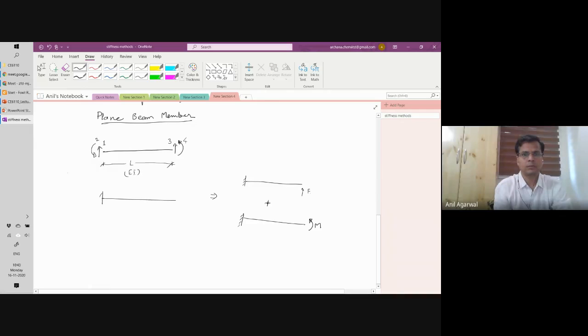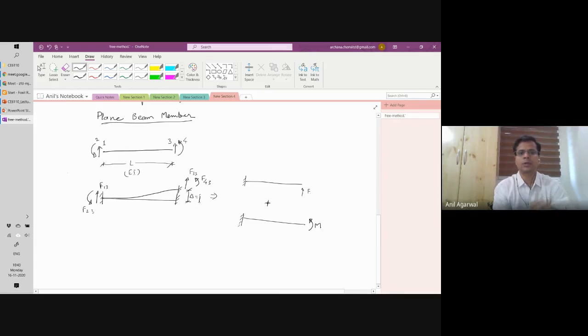What I want to do is, this was my fixed beam, and I want to calculate the forces for this delta beam equal to 1. So I want to know F13, F23, similarly F33 and F43.